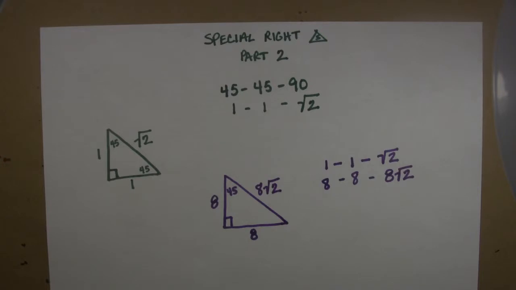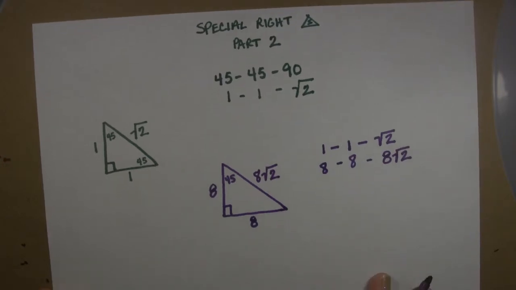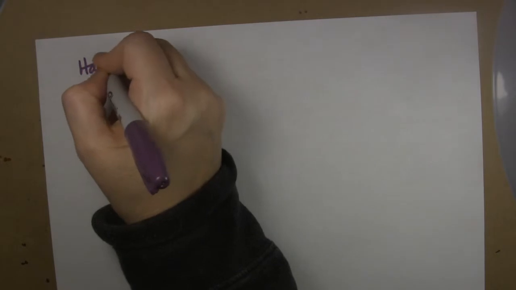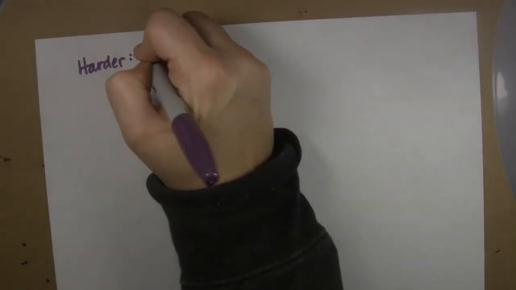Now, it does get a little bit harder. Not all the problems are this easy. Let me give you a harder example. It is harder if they give you the hypotenuse.